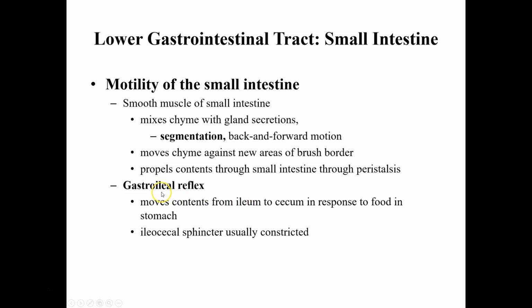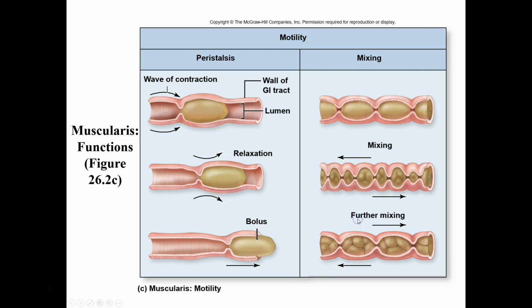And the movement of materials into the stomach initiates this gastroileal reflex to kind of get rid of the food that's in the small intestines so that the stomach material can enter the small intestines when it's ready. This occurs at the ileum of the small intestines to the cecum. There's an ileocecal sphincter that I showed you before that normally is closed, but it'll open during this gastroileal reflex.